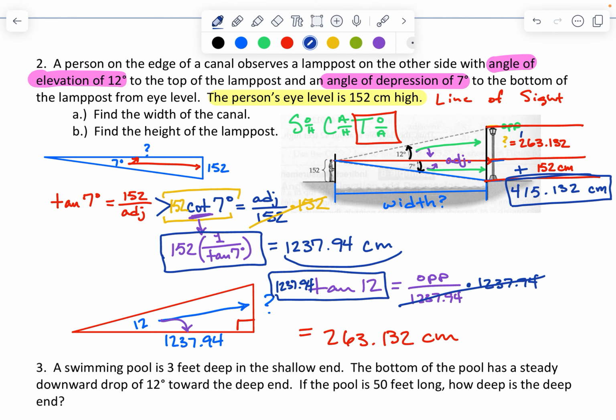So we got the width of the canal, and we got the height of the lamp post.